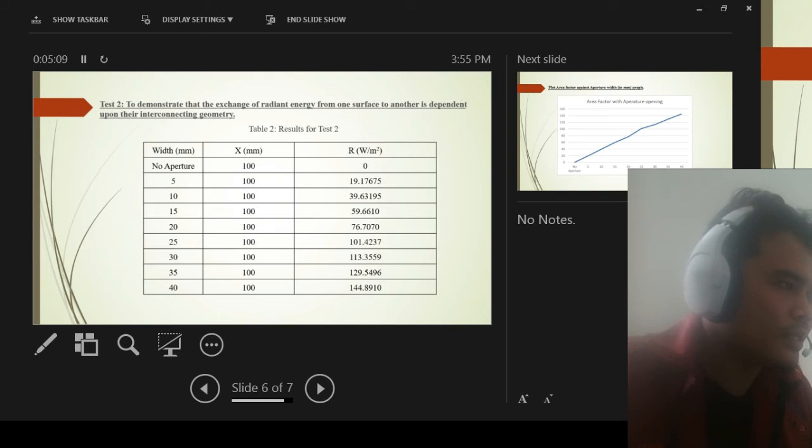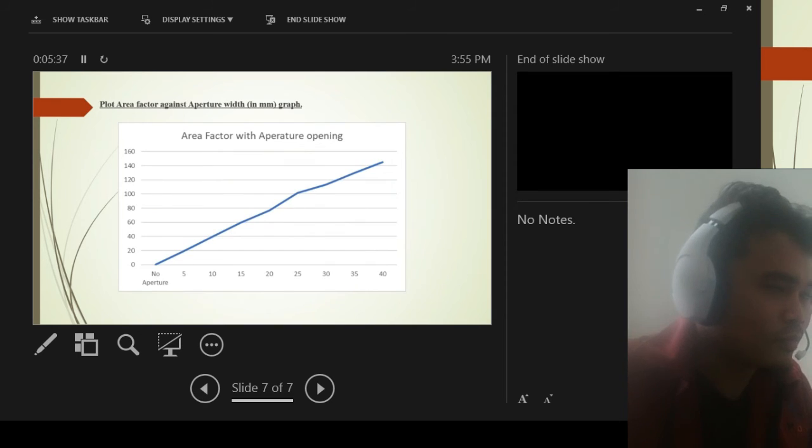So the aperture opening is increased in steps of 5 millimeters. So from table 2, we get this plotted graph.